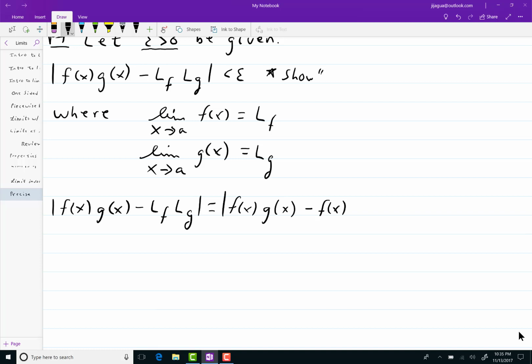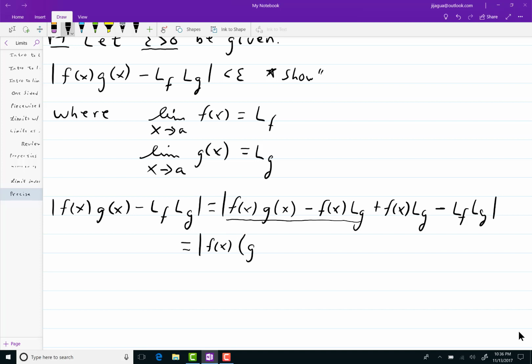I'm going to subtract f of x L_g, but then I'm going to add in f of x L_g. Next, from the first two terms, I'm going to factor out f of x, which leaves me with g of x minus L sub g in parentheses.